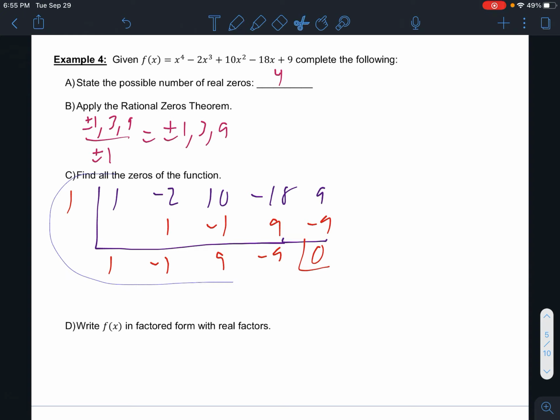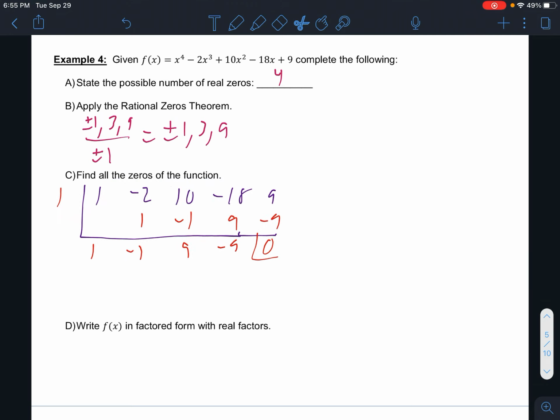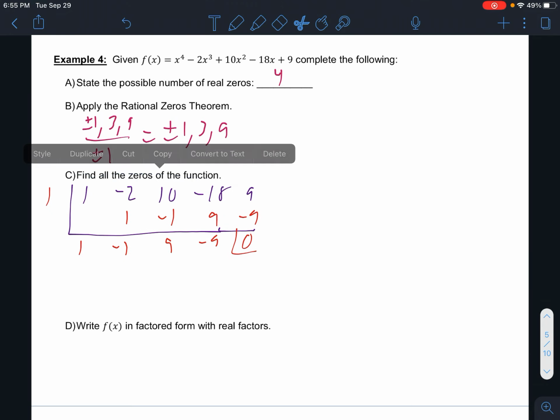Okay, so this one is actually a pretty tricky problem here, because if you tried negative 1, positive 3, positive 9, negative 9, none of those would work, okay? But we need to find 2 of them because this is a quartic, and we've only found 1. But remember this chapter, we've been talking about multiplicity a lot. A 0 can occur more than once.